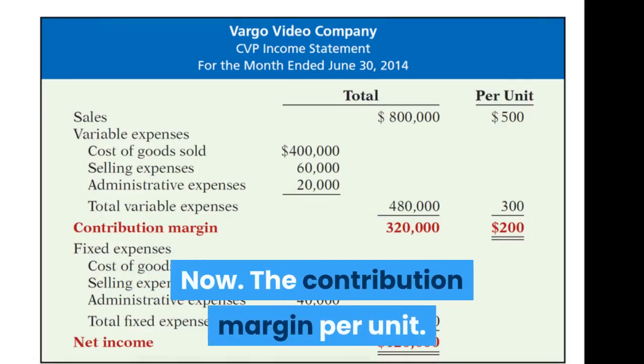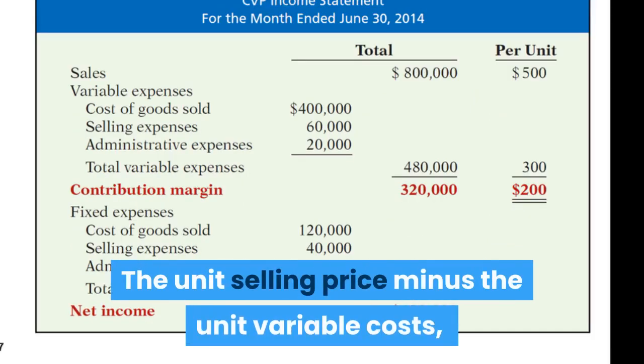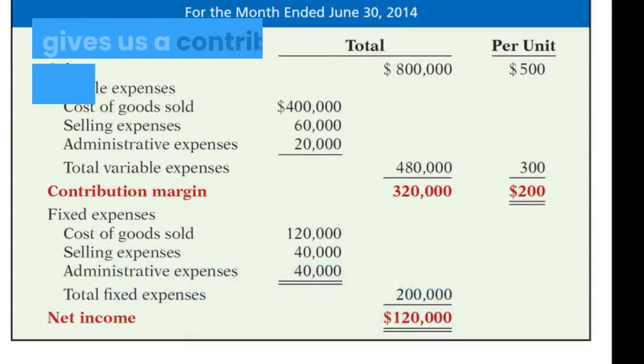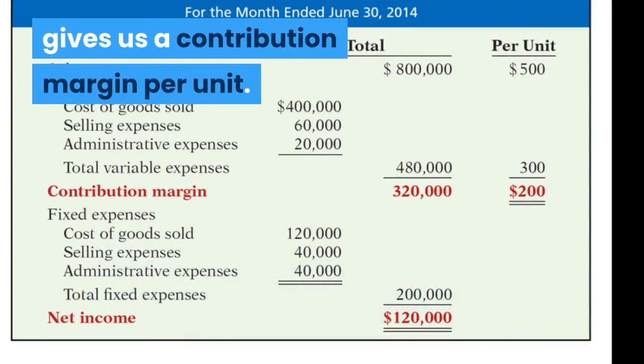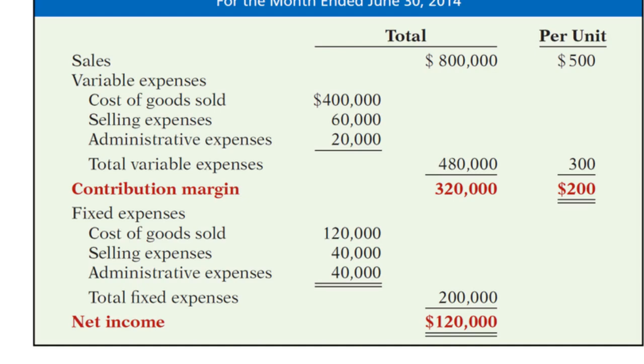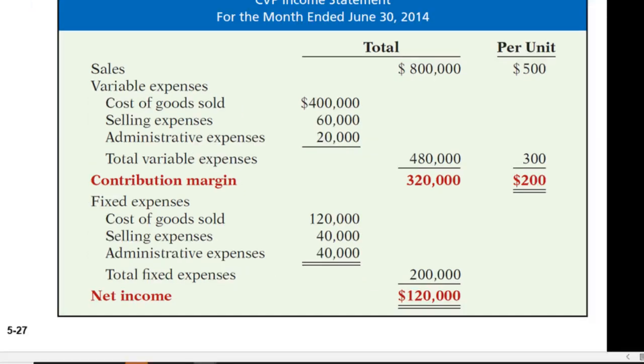Now, the contribution margin per unit: the unit selling price minus the unit variable costs gives us a contribution margin per unit. If I look at my statement, that's $200 every unit, so I have a contribution margin per unit of $200. Now that has to cover my fixed costs. My fixed costs are $200,000. So to break even, I have to figure out how many units I need to sell.